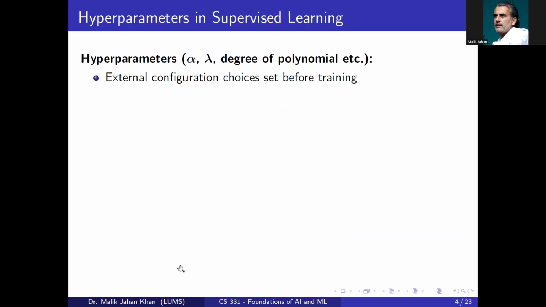Okay, the second type of parameters are variables which are in the game. We have been talking about them informally. Those are called hyperparameters. By hyperparameters, we mean external configuration choices, and they are decided before the training process starts. So for example, what could be the learning rate?